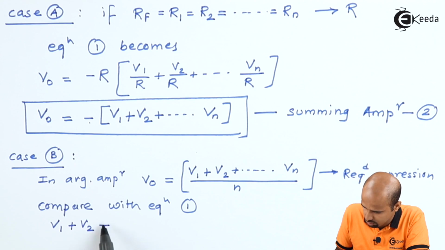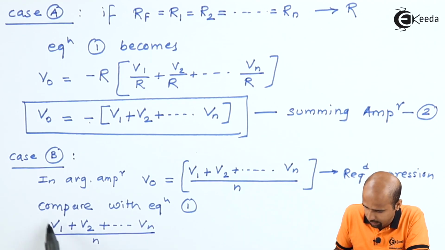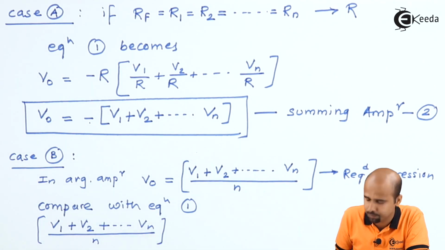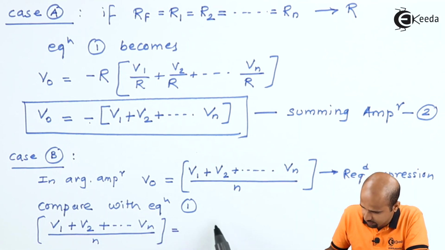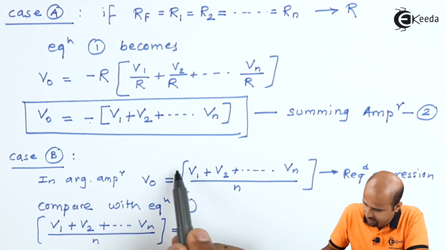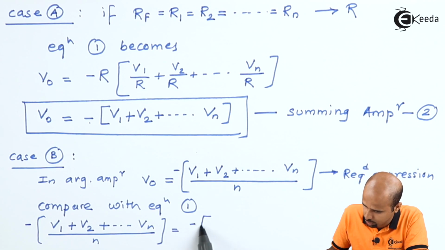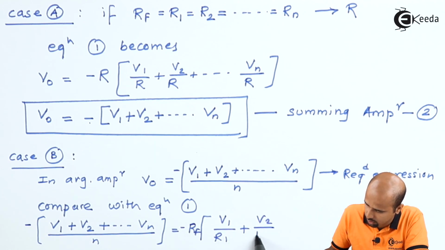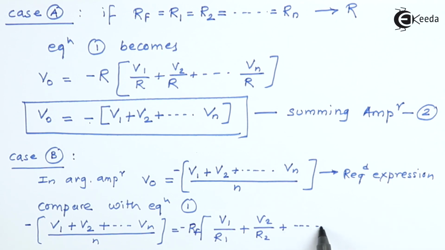V1 plus V2 plus up to Vn divide by n is equal to, obviously this will be having phase shift as it is inverting configuration, and here we are getting minus Rf V1 upon R1 plus V2 upon R2 plus up to Vn upon Rn.